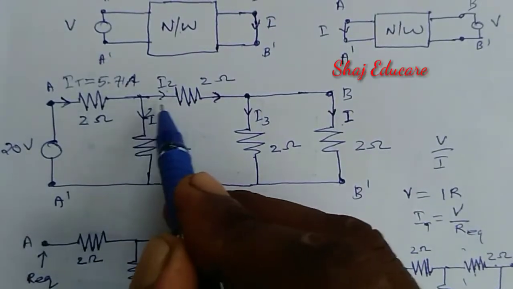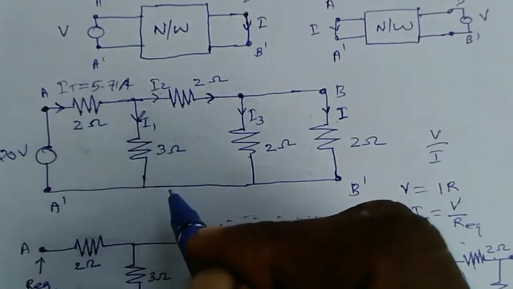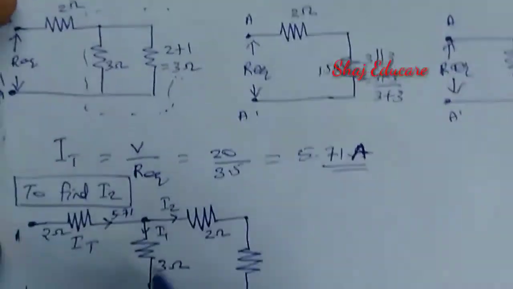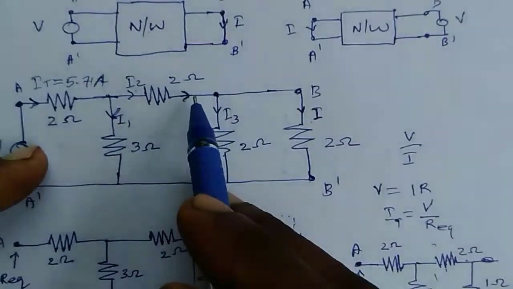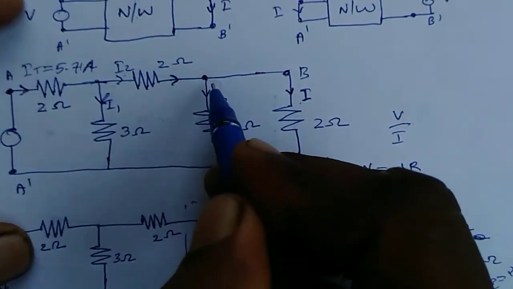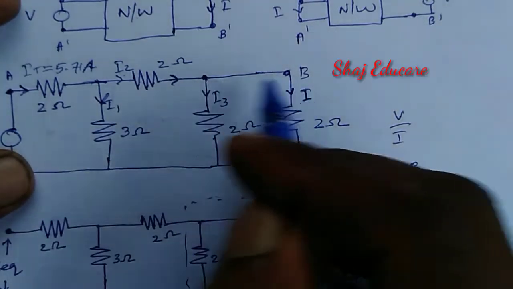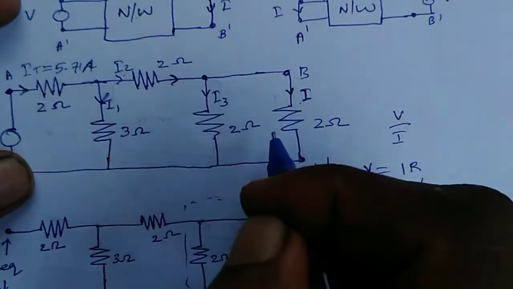On reaching the node here, it is split into two subcomponents I1 and I2. Let us mark here I1 and I2, and then the 2 ohm resistance. This is the node from which the current again splits into two.